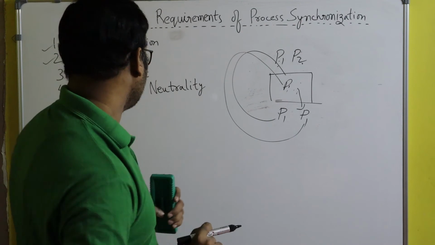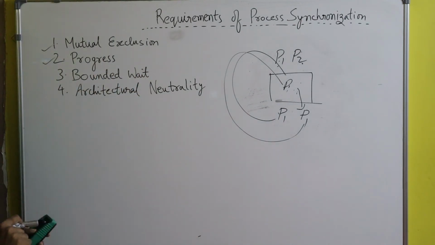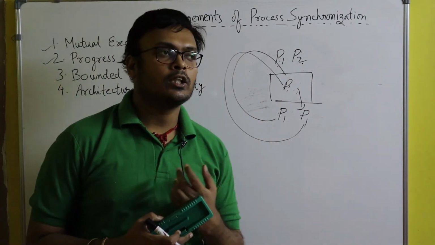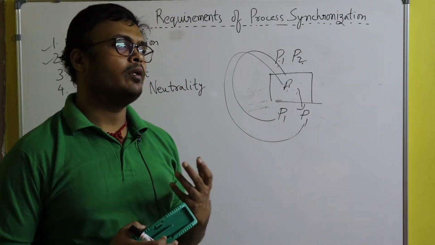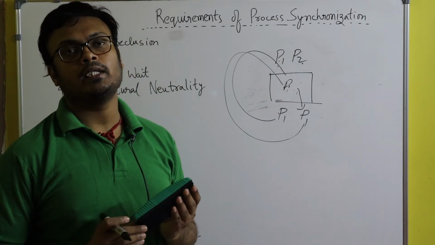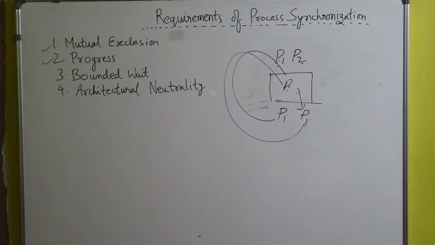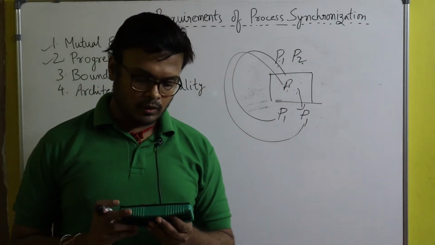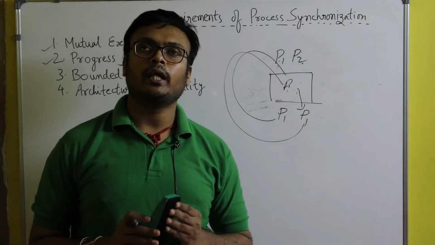Okay, and the fourth one is architectural neutrality. So what is architectural neutrality? It's regarding platform independency and dependency. You see, there are different types of process synchronization techniques.